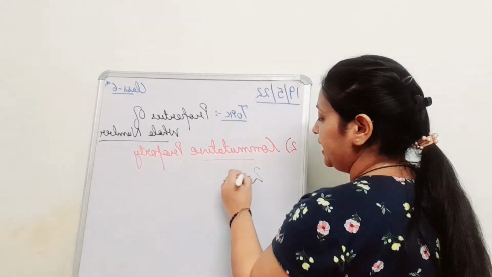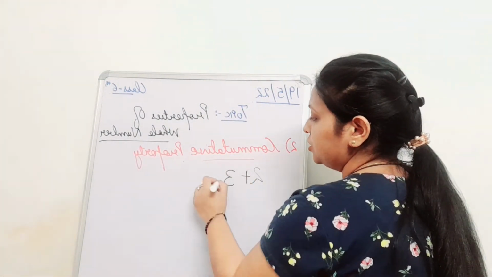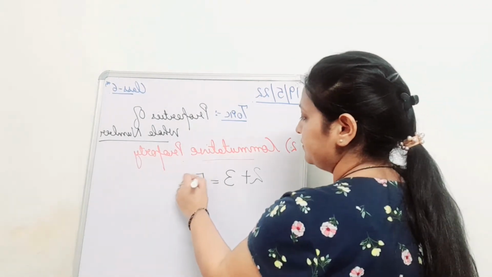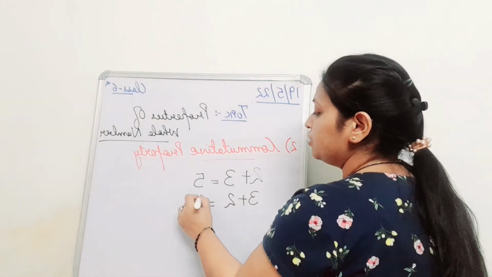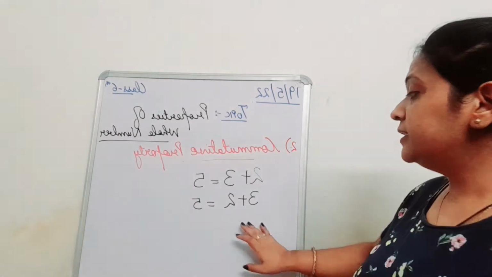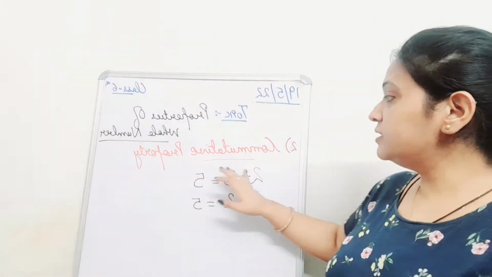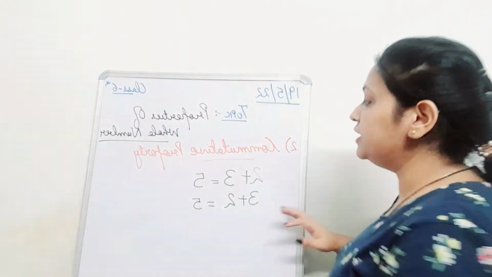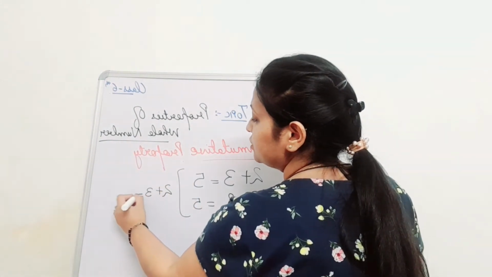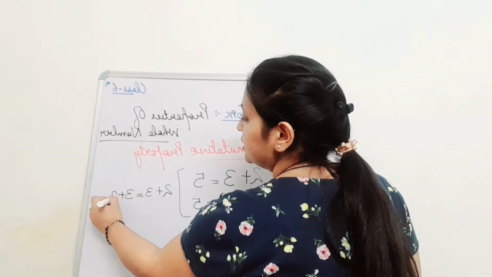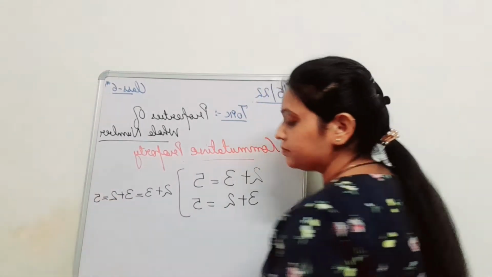Okay, let's see. If I have 2 plus 3, the answer will be 5. But if I add 3 plus 2, again the answer will be 5. So this is the commutative property. Here what we learned is 2 plus 3 is equal to 3 plus 2, that is equal to 5.